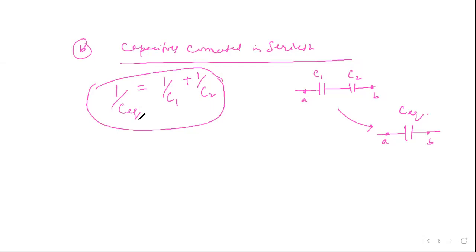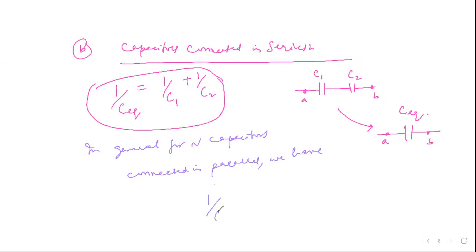In general, for n capacitors connected in series, we have 1 by C equivalent is summation n equal to 1 to capital N, 1 over Cn.